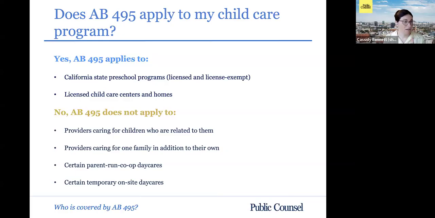Yes. Thank you, Ritu, for clarifying. The California state preschool programs must adopt the actual model policies. The second bullet point here, licensed childcare centers and homes must adopt either the model policy or an equivalent protection.